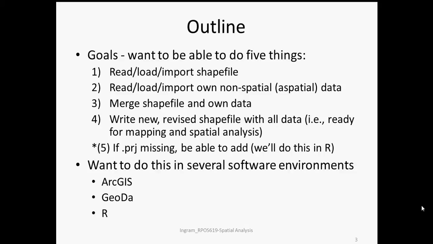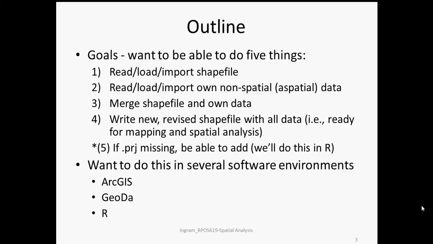We then want to be able to read, load, or import your own non-spatial data, whatever data you've collected. The only important part to remember is that the unique identifiers for your geometries in the shapefile must match the unique identifiers for the units in your non-spatial data.